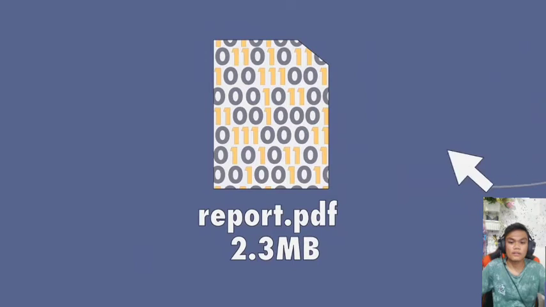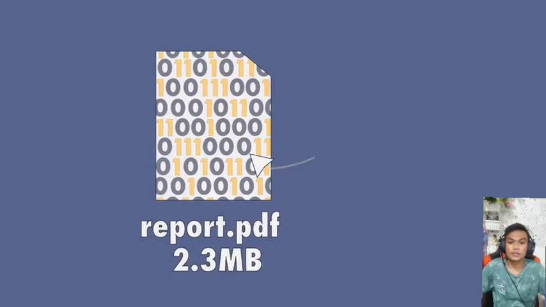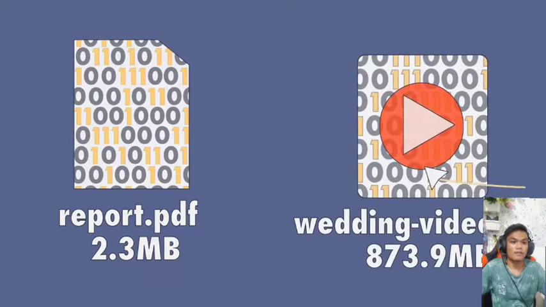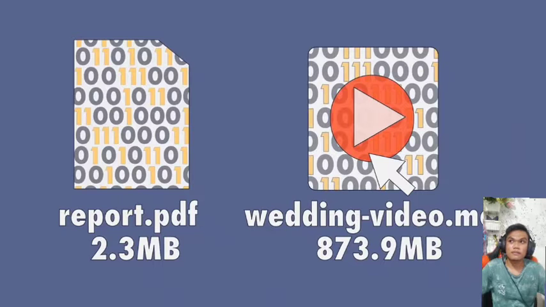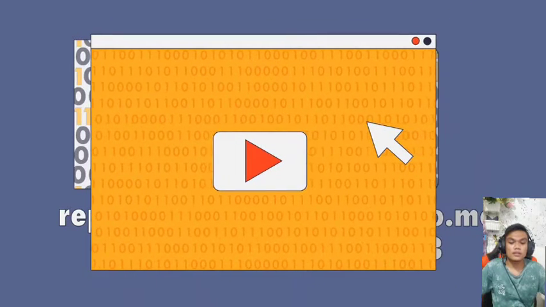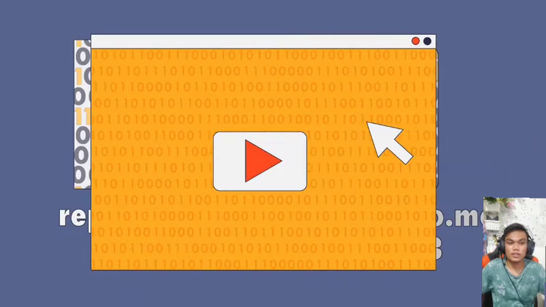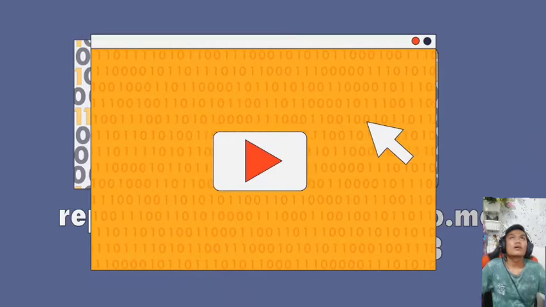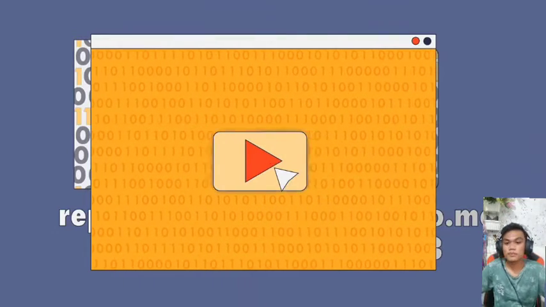These bits can be combined into larger units like bytes, megabytes, and so on, which we use to measure our files. The larger a file is, the more bits it has. So something like a high resolution video is actually made up of millions of 1s and 0s.